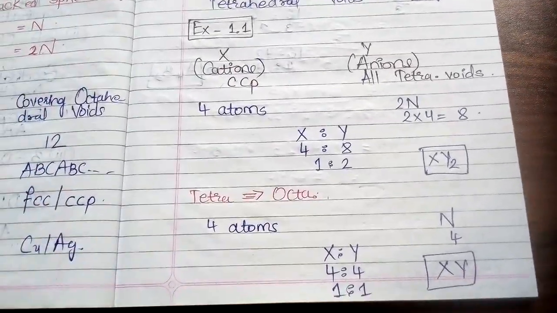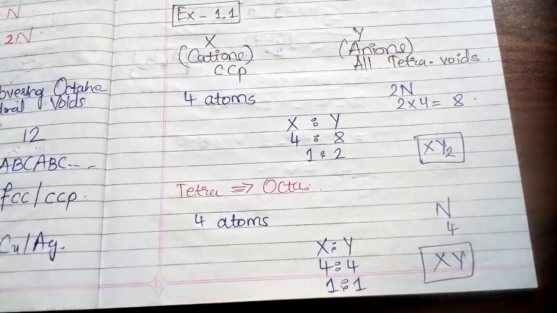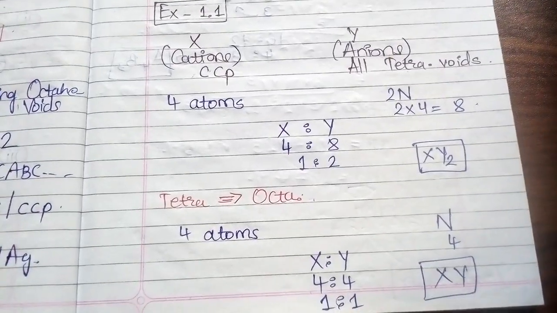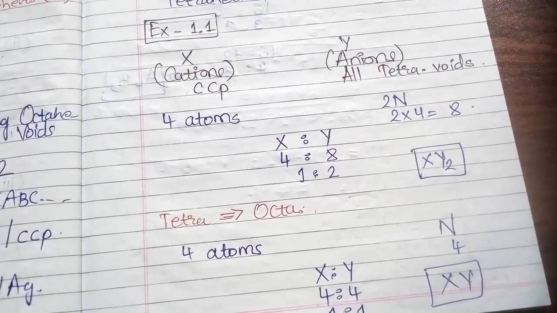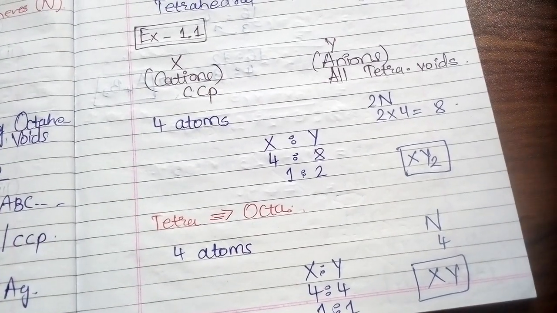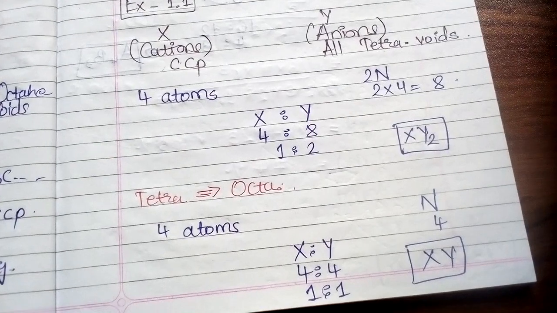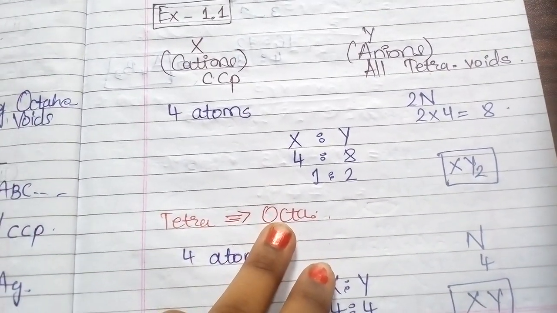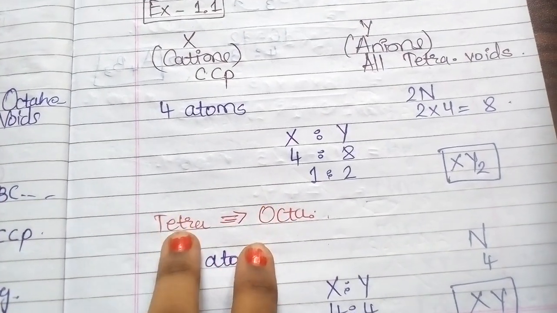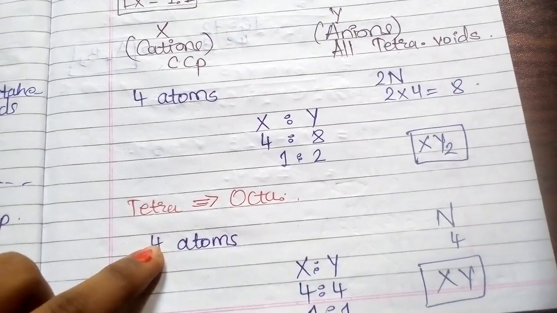Another way that you can do this: tetrahedral voids are 2n, and octahedral voids are n.